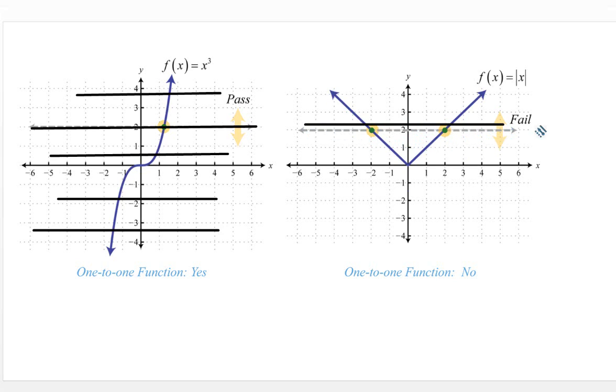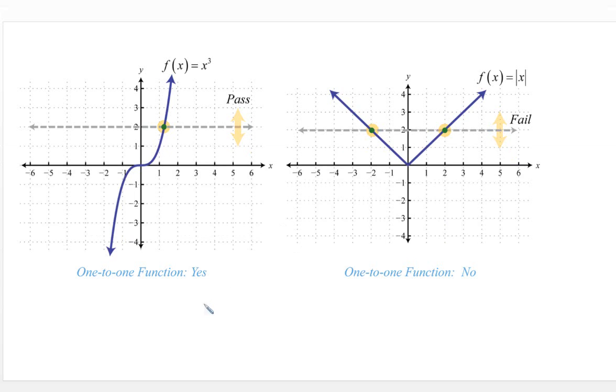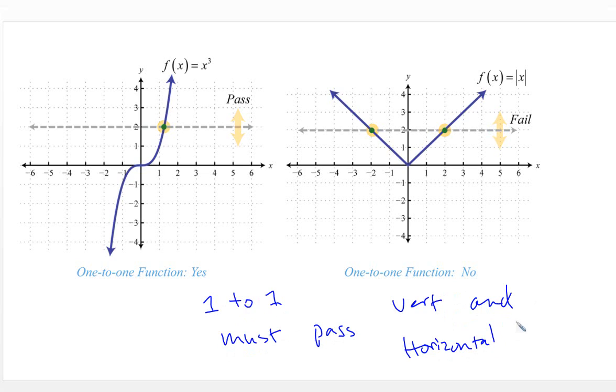So to sum this up, if you want to know if a function is one-to-one graphically, it must pass vertical and horizontal line test.